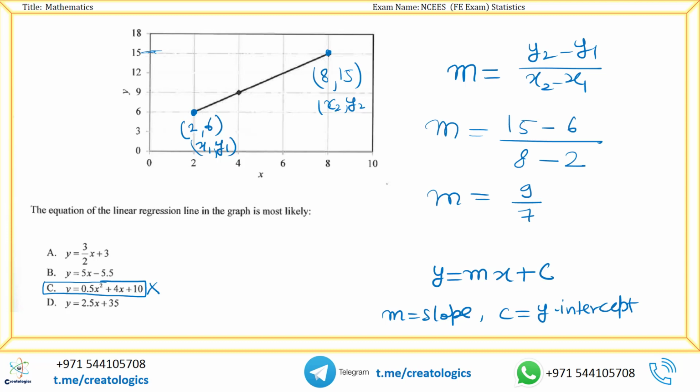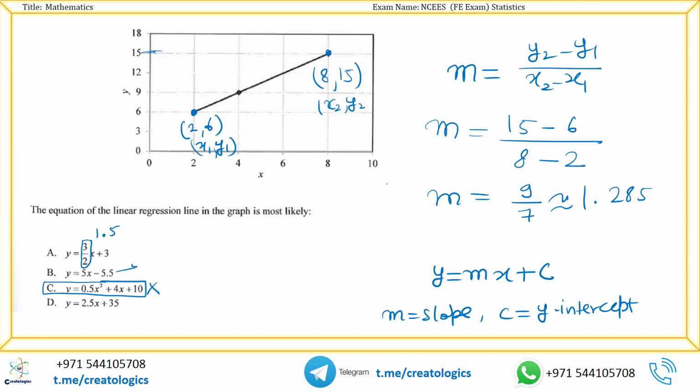If I calculate this value, it comes out as 1.2857 something, so the slope is approximately 1.285. Check from the options which is giving you the more approximate value to that. First one, y is equal to mx plus c, here the slope is 1.5.